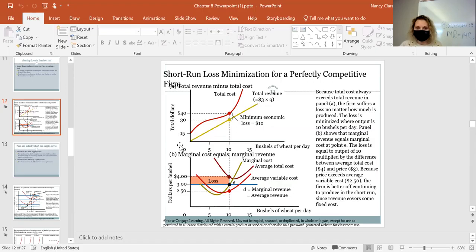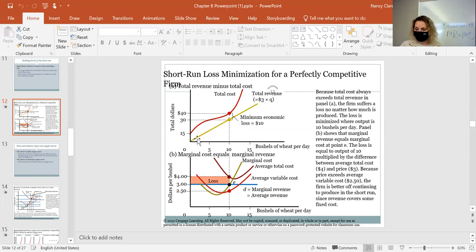Your total revenue has a constant slope, but instead of getting $5 per unit, you're only getting $3. So this total revenue line is a lot lower than the one that was achieved at $5 per unit on the previous set of graphs.